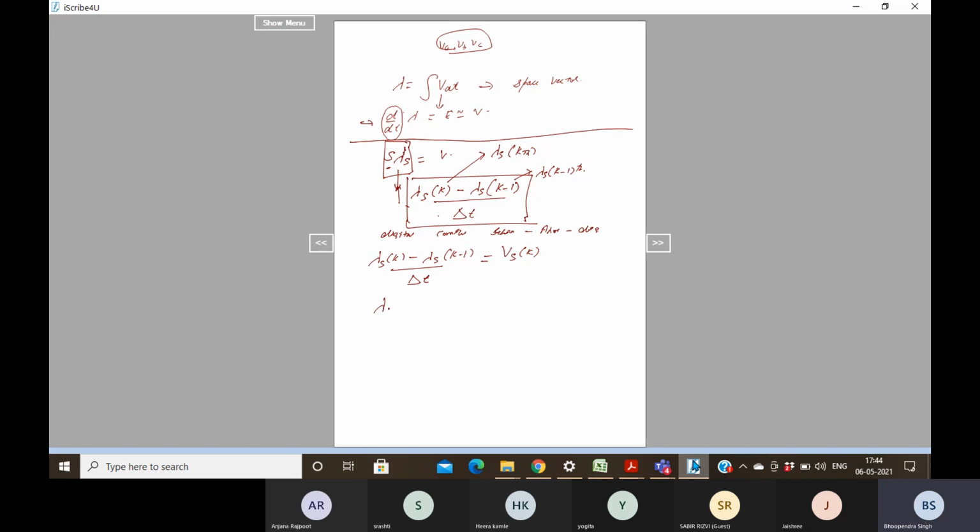So what is xi s of k? It is equal to the voltage vector at kth instant multiplied by delta t plus xi s at k minus 1th instant. Agreed? Isn't it? Yes, sir.